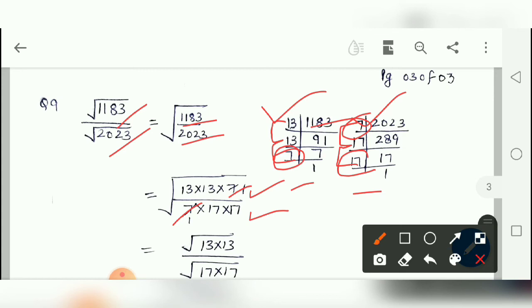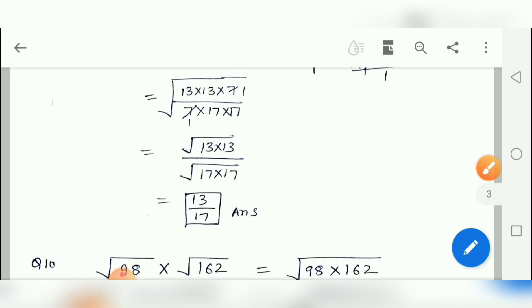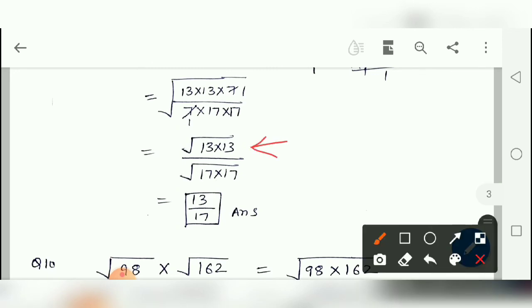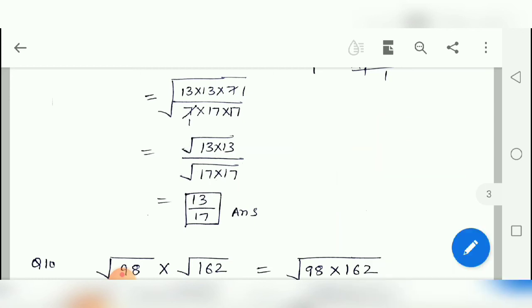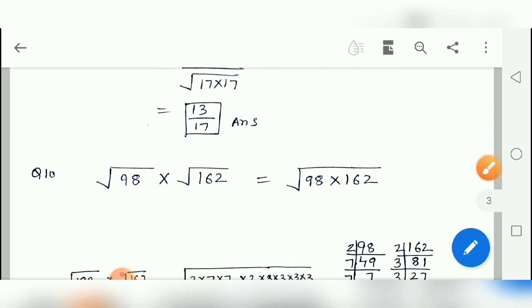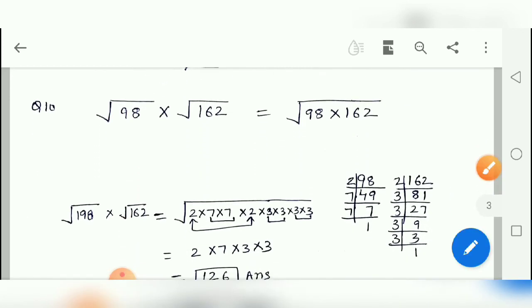Now this will become equal to under root 13 into 13 and under root 17 into 17. This is a pair. When we remove this under root sign, this will become 13 upon 17, and this is our answer. Now the next question.